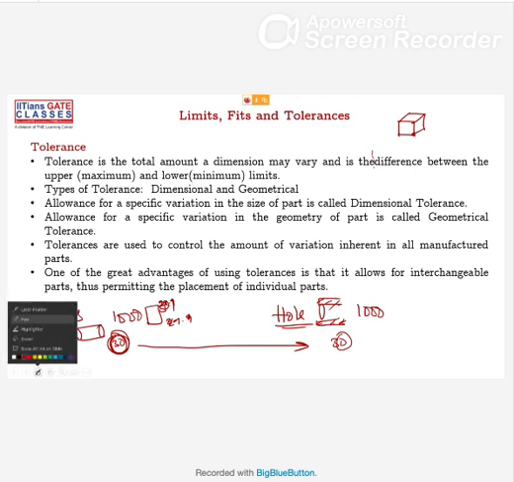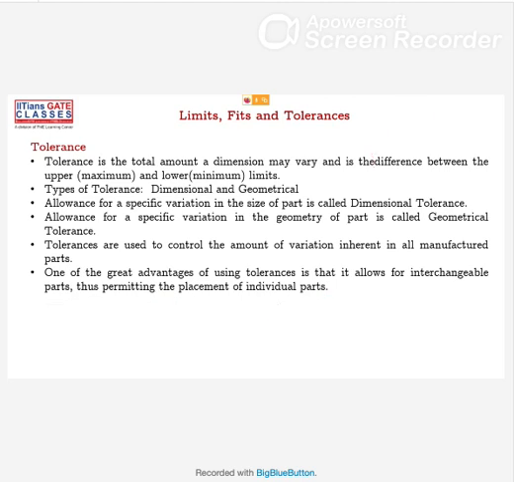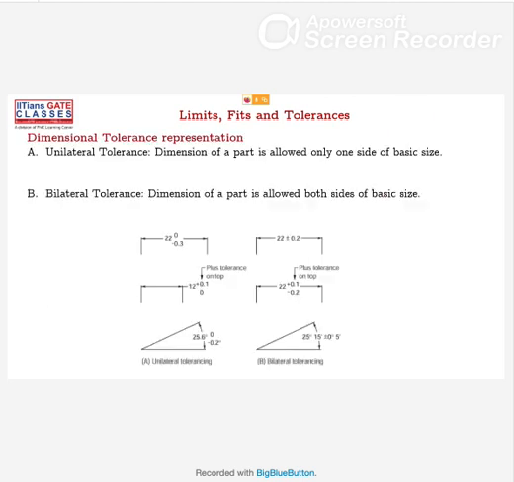Okay, fine. So there are differences: the unilateral tolerance representation and the bilateral tolerance representation. You can see in the examples here itself. Unilateral means you have a limit of 0 only on one side.